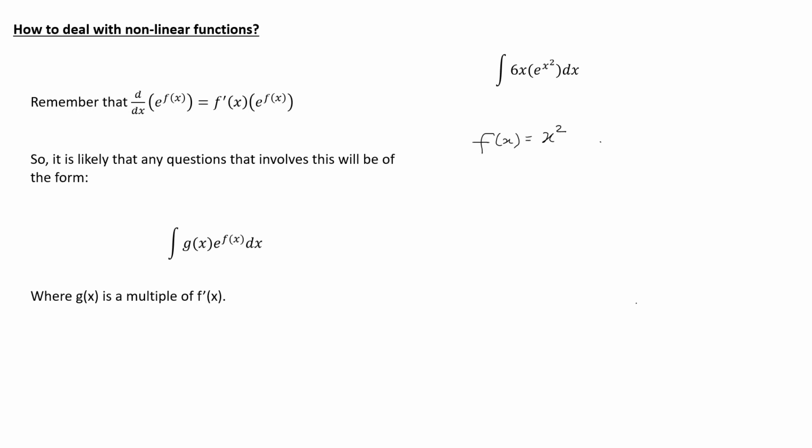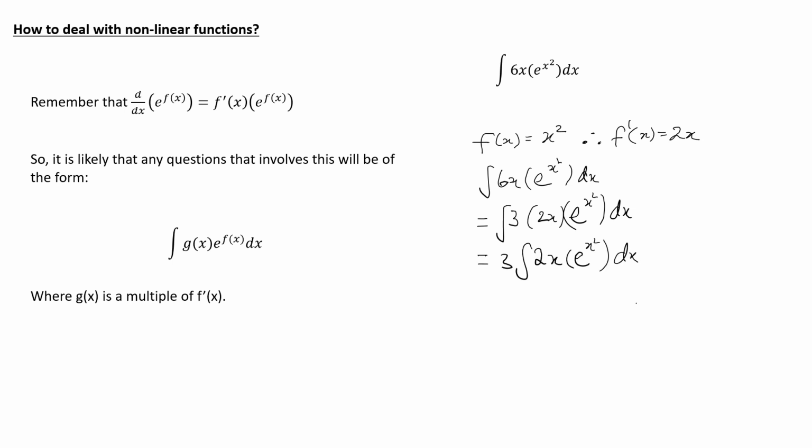So you will always expect them to be this way. If my f of x is equal to x squared, then my f dashed x would be equal to 2x. And you can see straight away, because you're bright, intelligent young human beings, that my 6x is actually 3 times that. So I could rewrite, if I choose to do so, my 6x e to the x squared with respect to x as 3 times 2x e to the x squared with respect to x, which means, again, I can pull that 3 out the front to make my integration easier.